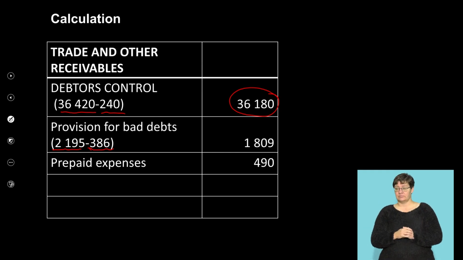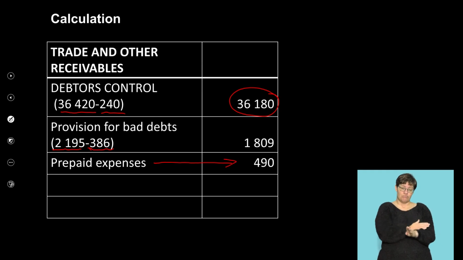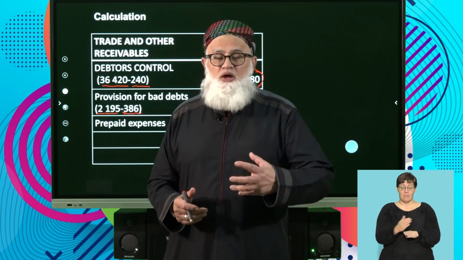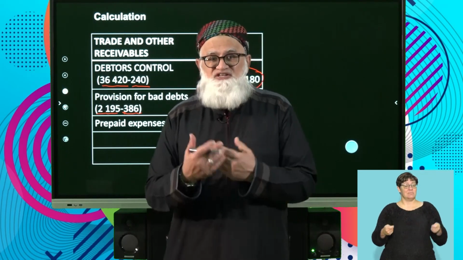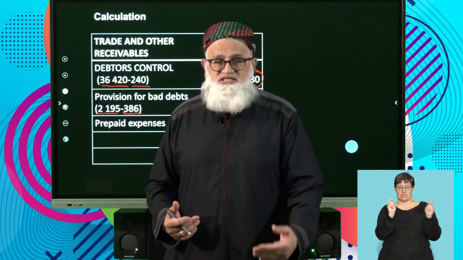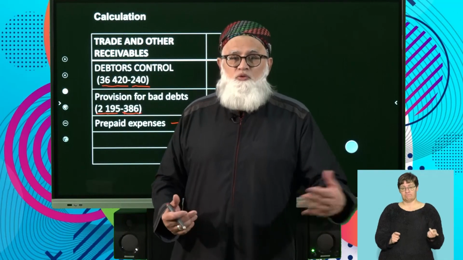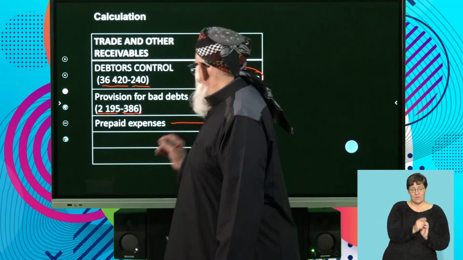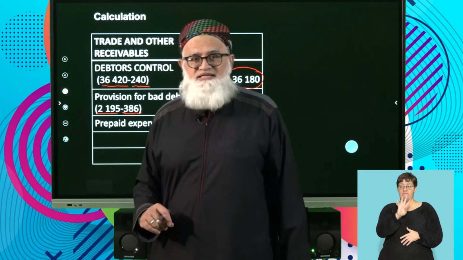Obviously, after these two figures, we would have a net trade debtors. Then you bring in your prepaid expenses. Under prepaid expenses would be all the expenses that we have adjusted. In this case here, it was the advertising one. We had prepaid an amount of 490 Rand.